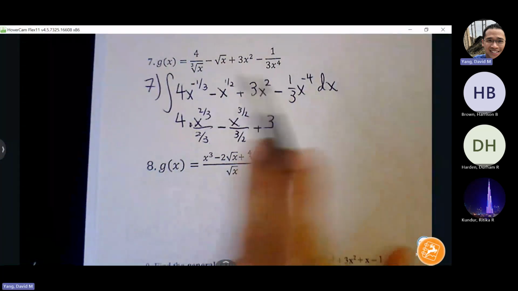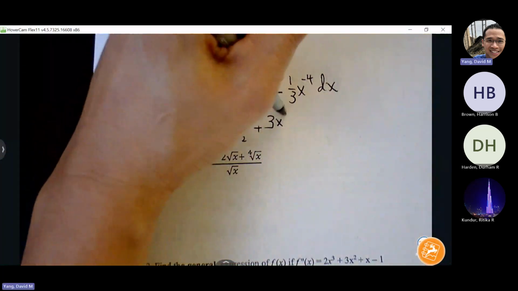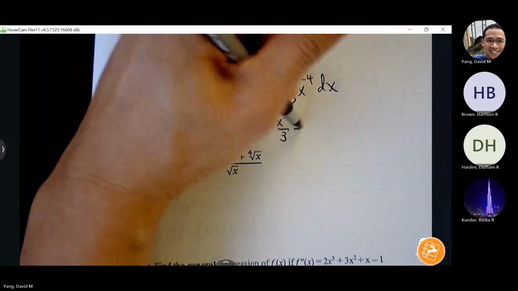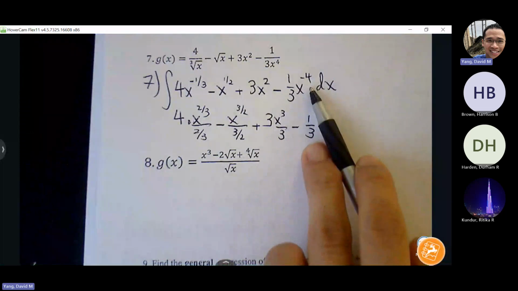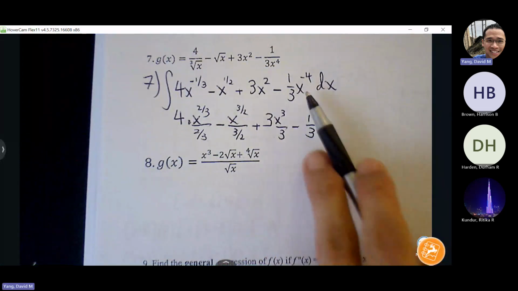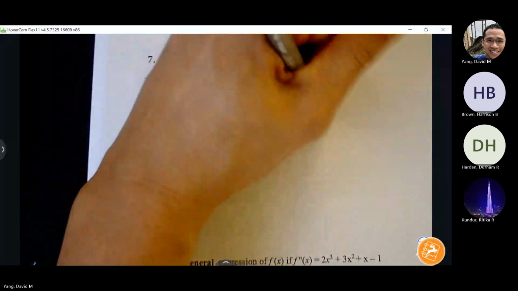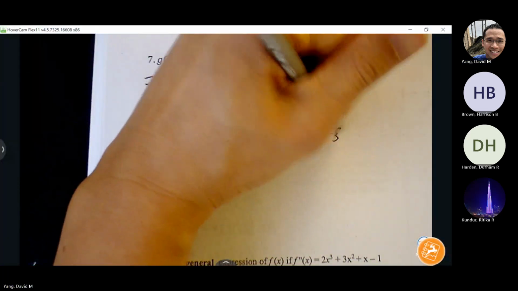Finally, x to the negative 3, over negative 3, plus c.